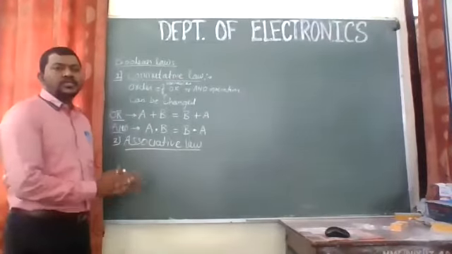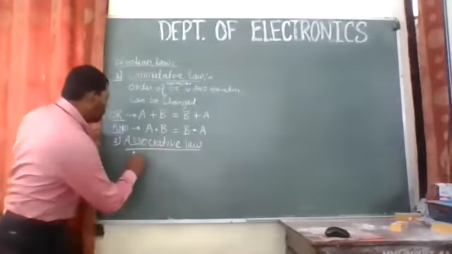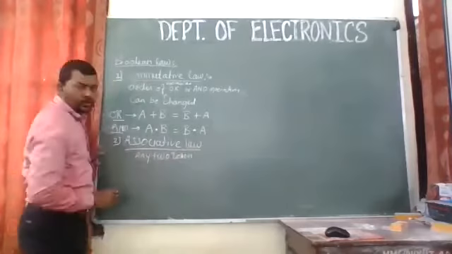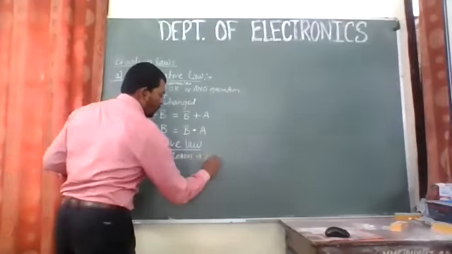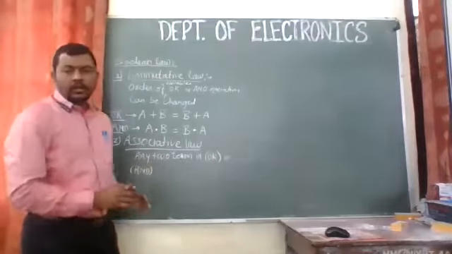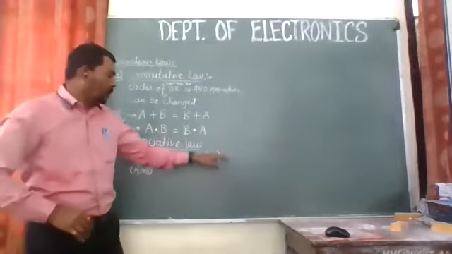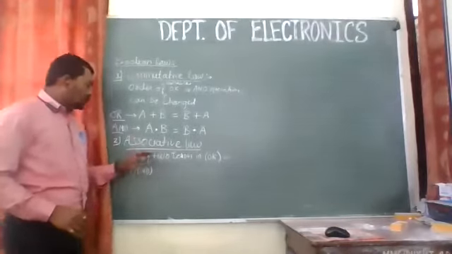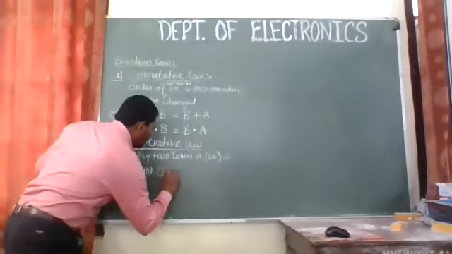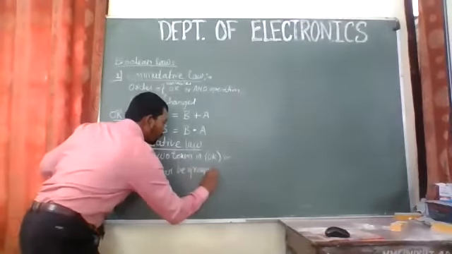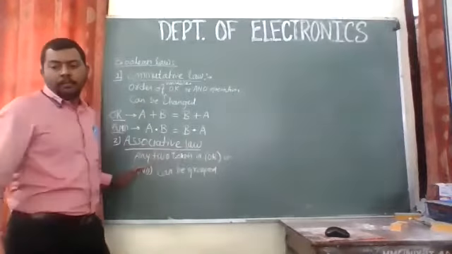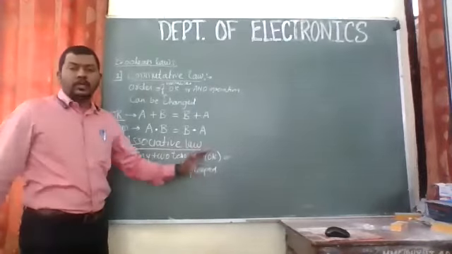In this associative law, any two terms in a sum, meaning OR operation, or in a product, that is AND operation, can be grouped. So we can group any two variables.